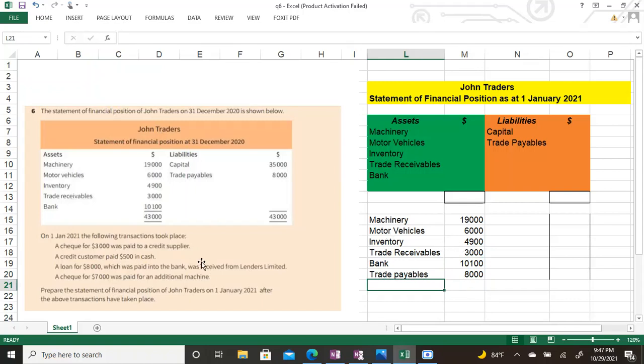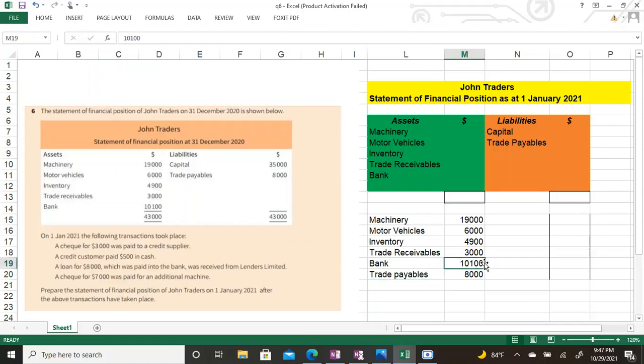So let's see each transaction one by one. A check for 3,000 was paid to a credit supplier. So we know that as per the double entry system and the accounting equation, every transaction has two aspects. A check is paid by the business, which means that the amount is gone.